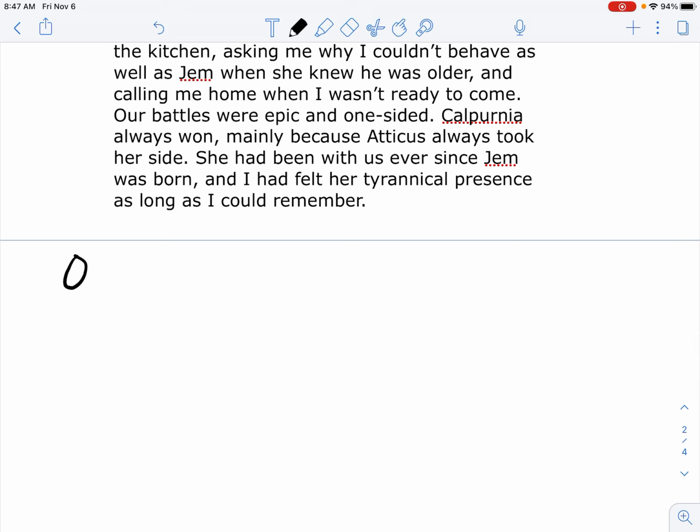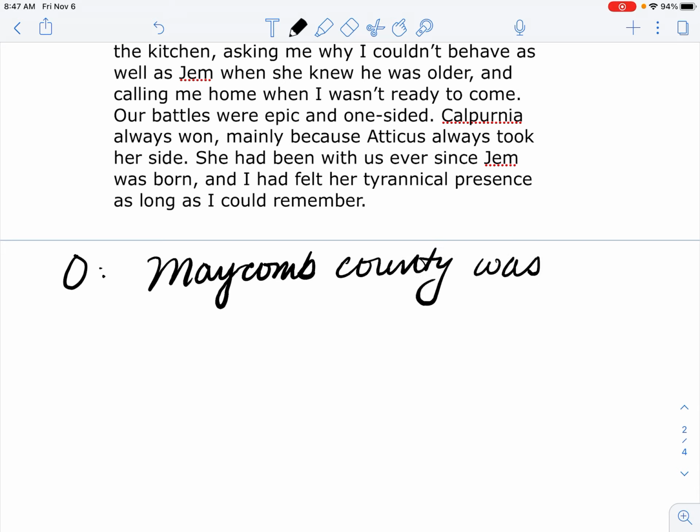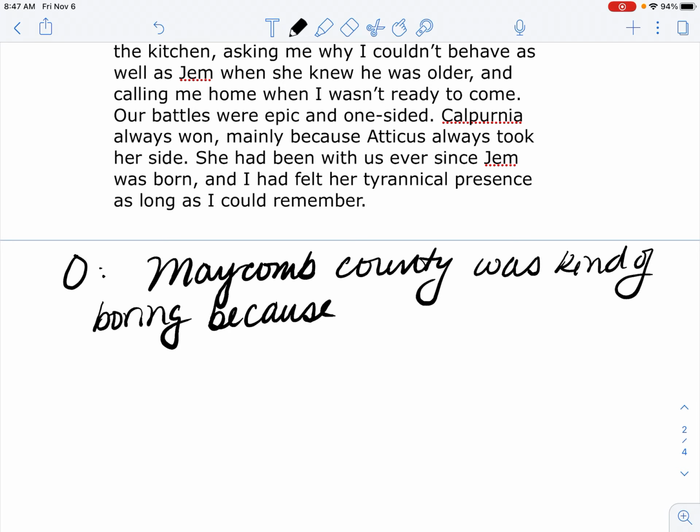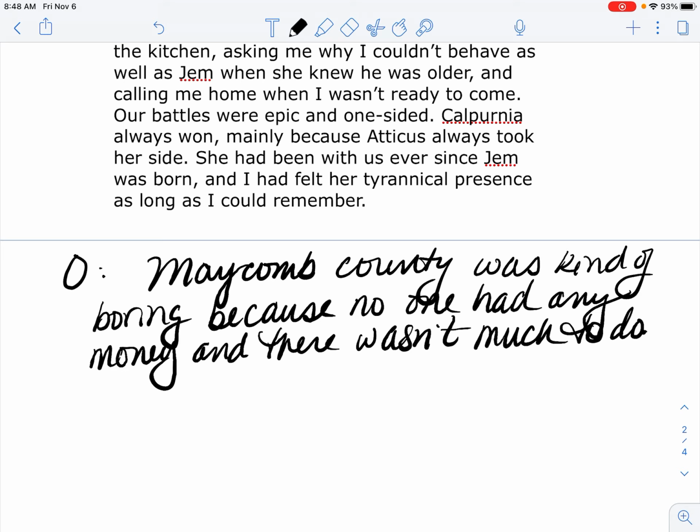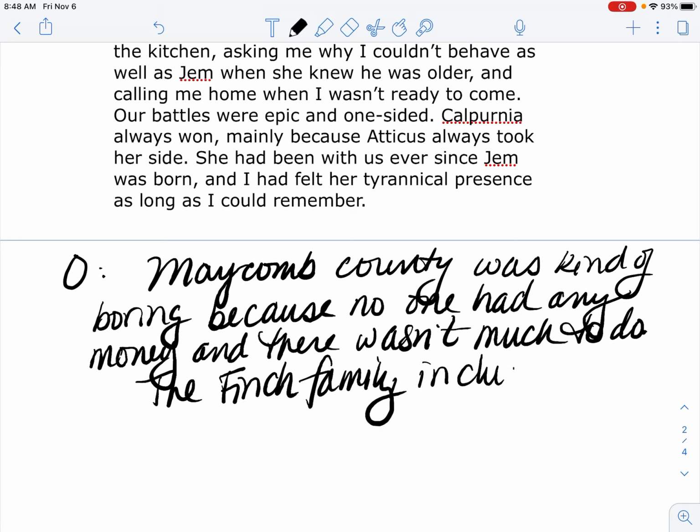So, step 0, that understanding. I'm going to write a quick summary of what that passage was about.